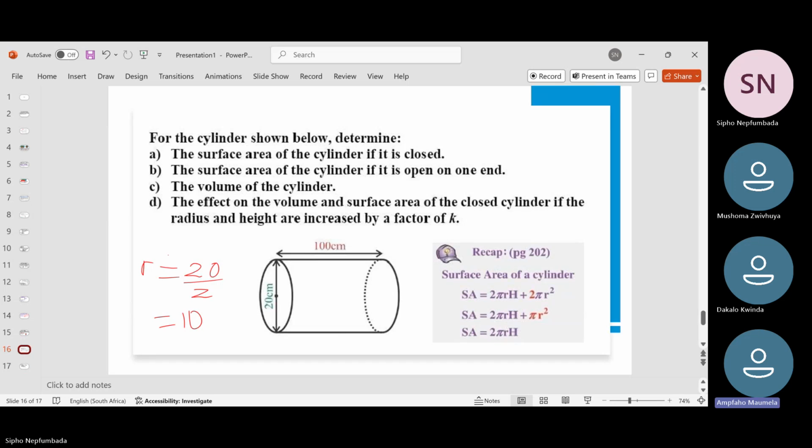For the cylinder shown below, determine the surface area of the cylinder if it is open on one end. Which formula from the three? 1, 2, 3. It is SA equals 2 pi r h plus pi r squared.